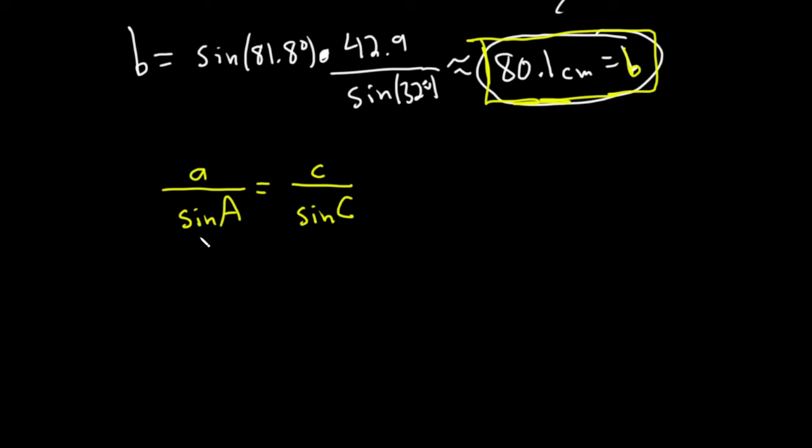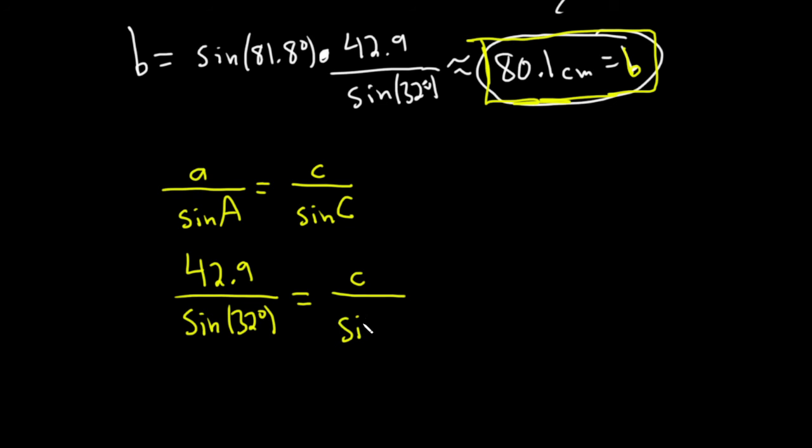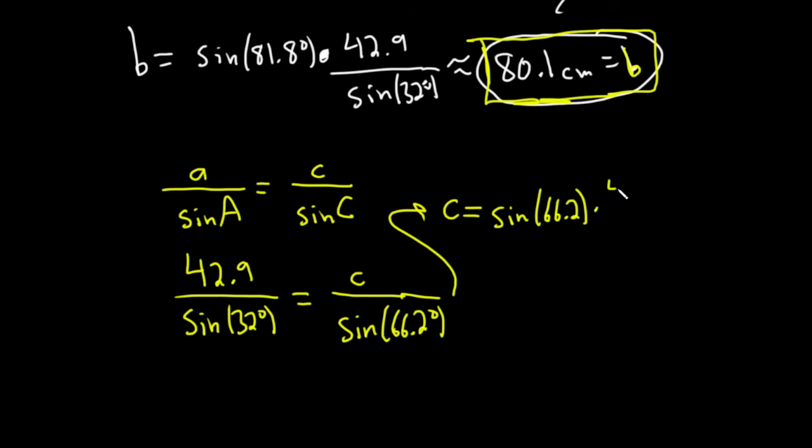So a here is going to be 42.9. And then down here we have the sine of 32. And this is equal to little c, which we don't know, over the sine of big C, which we said was 66.2 degrees. Then you multiply both sides by this piece here, so same thing. So you get c is equal to sine of 66.2 times the 42.9 over sine of 32.